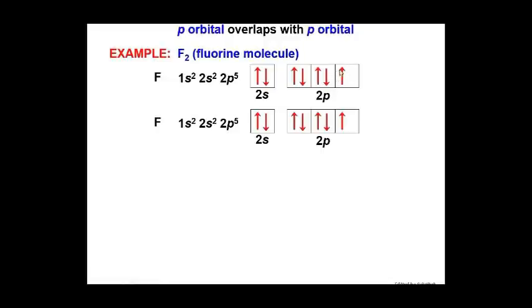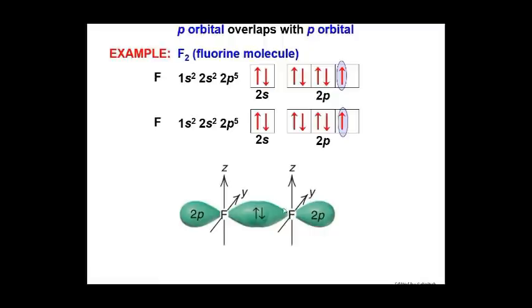To form a fluorine molecule, one electron from one fluorine will overlap with one electron in the other fluorine atom, and the overlap consists of p orbital with p orbital, with dumbbell shape and opposite spin, producing a sigma bond.